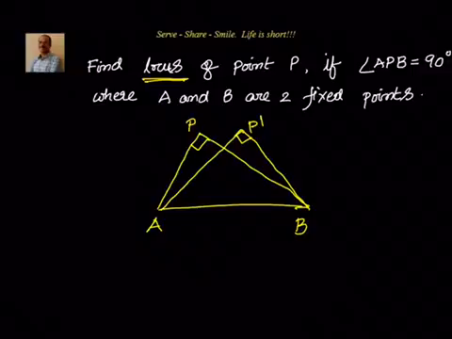Now if we refer to our 9th class circles lesson, we know that if a line segment is subtending the same angle at two different points, then all the 4 points will be part of a circle, or we know that they are concyclic.